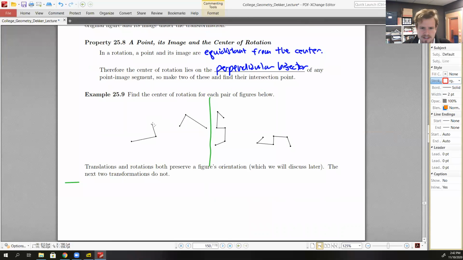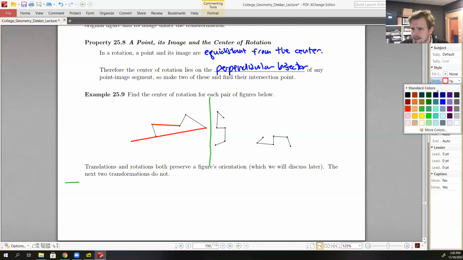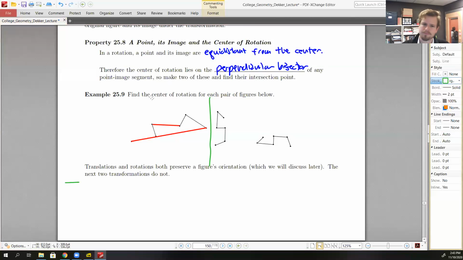So I'm going to connect these two. And I'd like to connect these two. Now what I'm going to do is I'm going to use green. My apologies for anyone that is red-green colorblind.